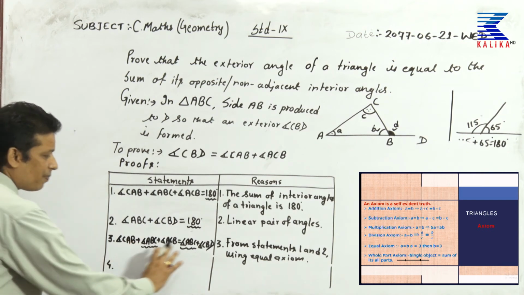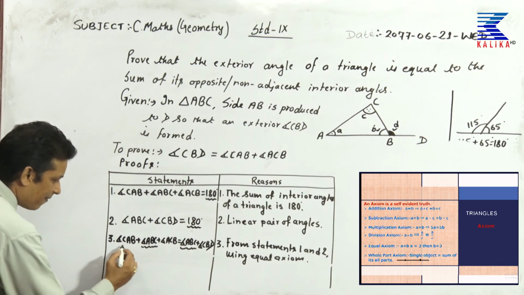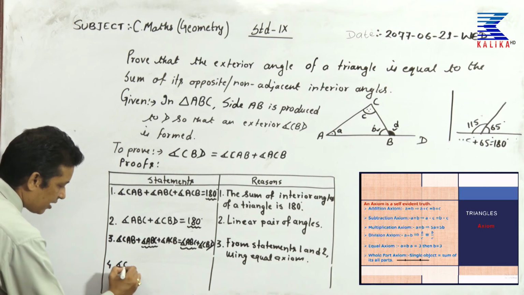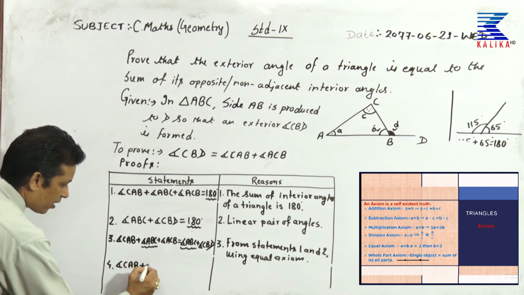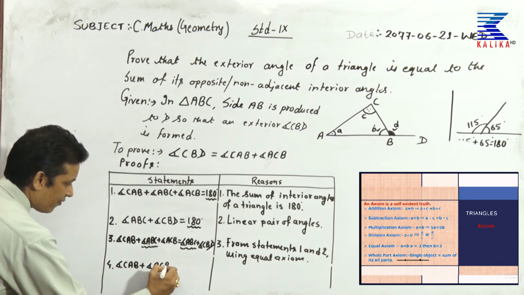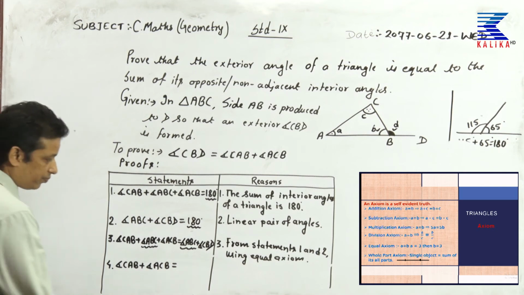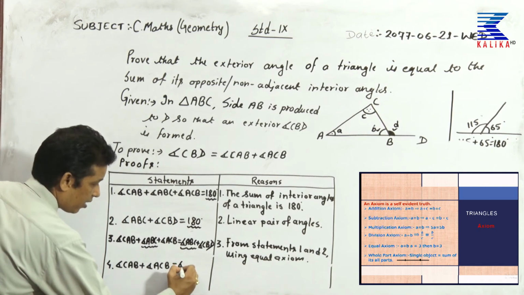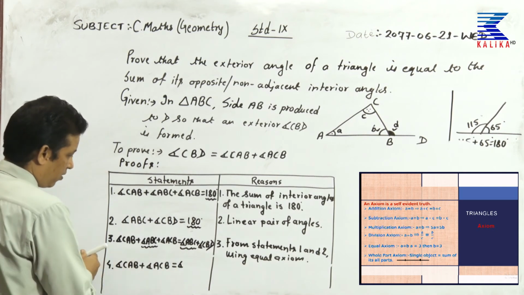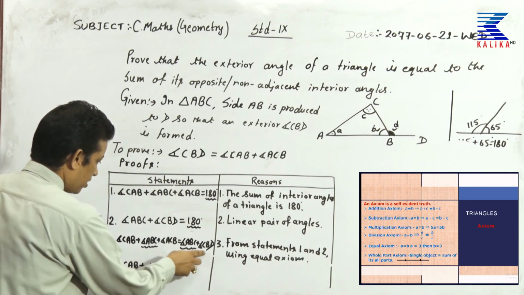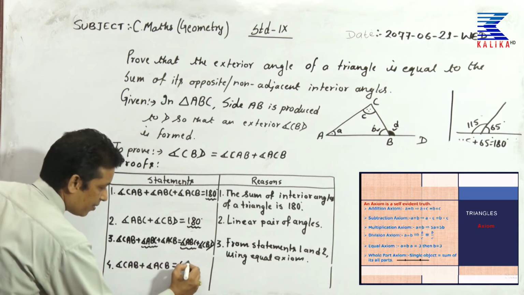Next, dear student, look, let me underline the same thing, ABC is here, ABC is here. If we subtract ABC from both sides, what will be left on the left hand side? Angle CAB plus angle ACB will be left, is equal to angle CBD.